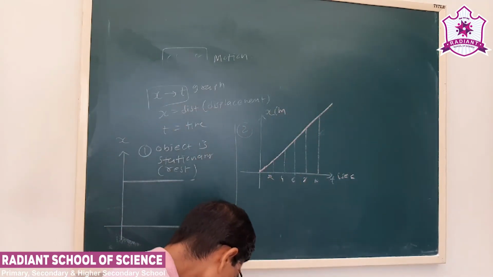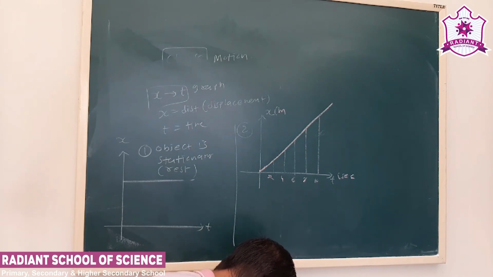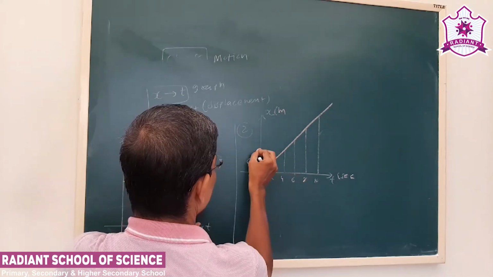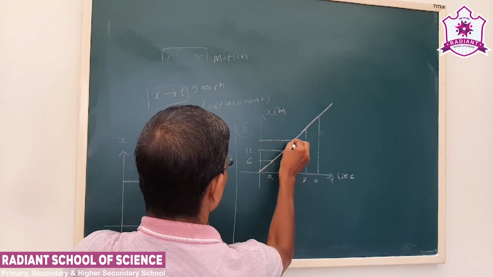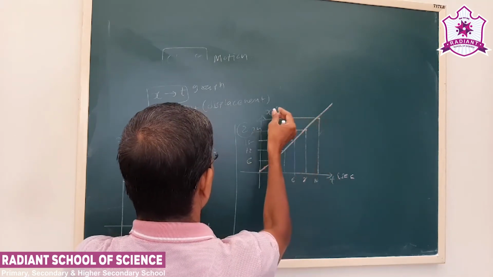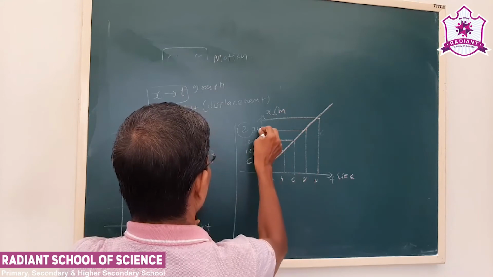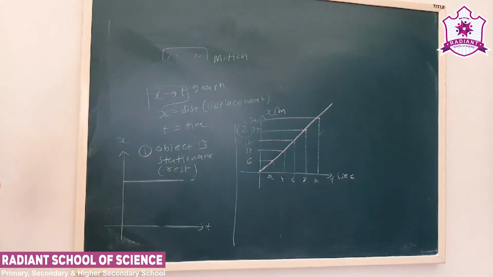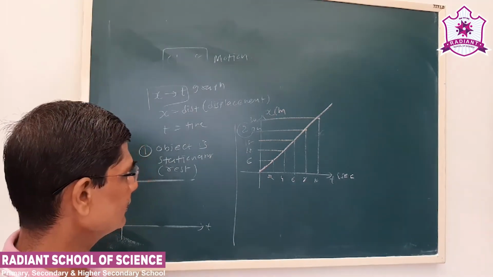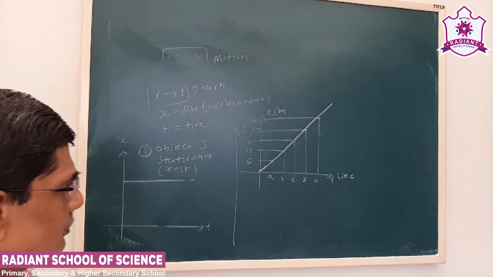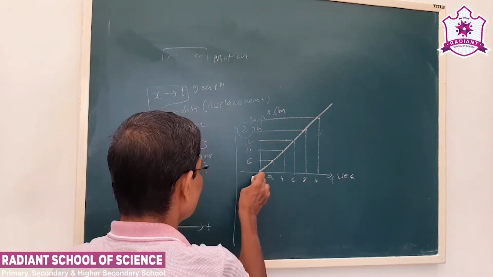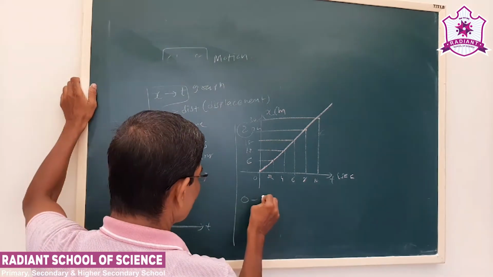Now here we draw x versus t graph for a given object. Here we see x versus t graph is a straight line. The first time interval is 2 seconds. Distance covered is 6 minus 0, which is 6 meter, from 0 to 2 seconds.